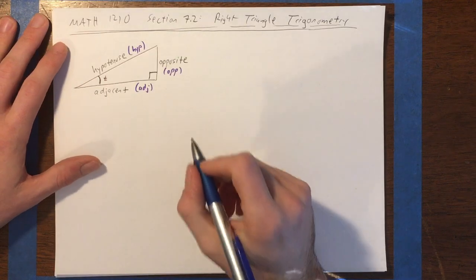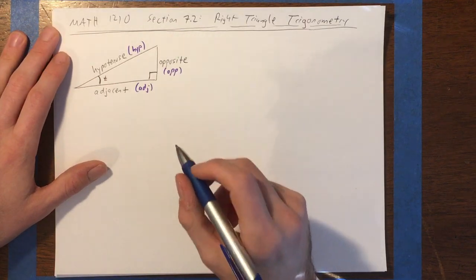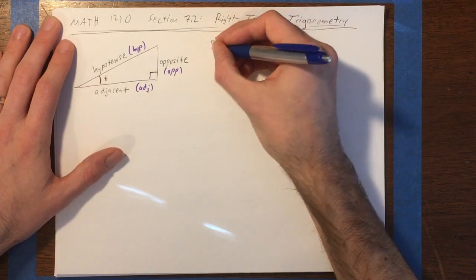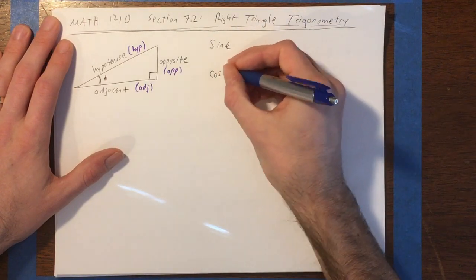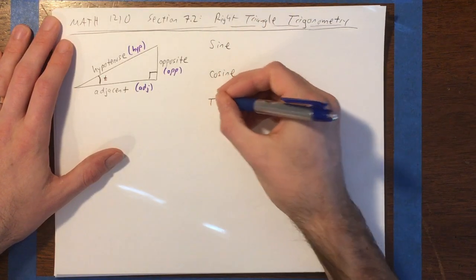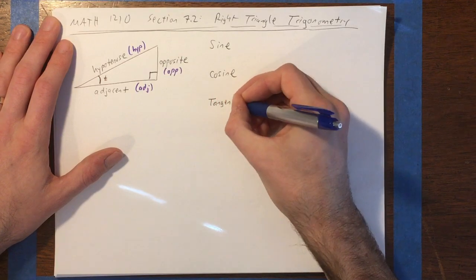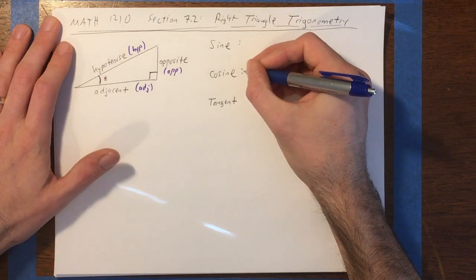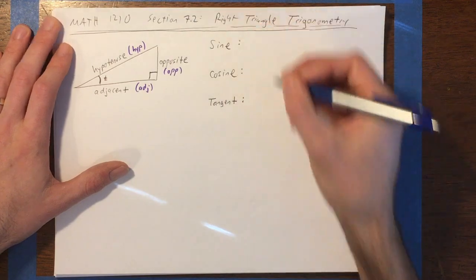Trigonometric functions are defined as ratios of those sides. So there's three main trigonometric functions we're going to start with. Later we're going to establish three more, and there actually exist lots of different trigonometric functions. But the three that we're going to start with are sine, cosine, and tangent.